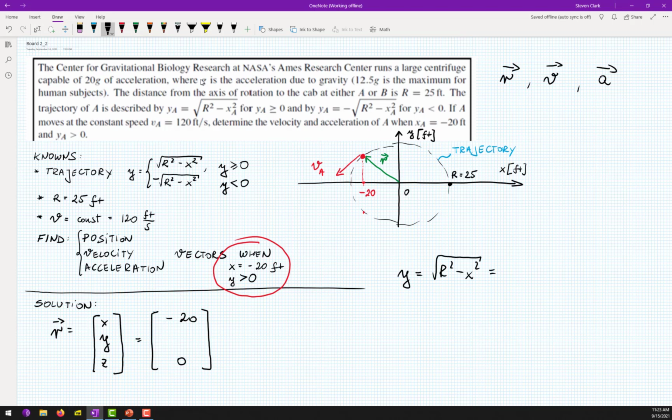Plug in values: the square root of 25 squared minus 20 squared. If I remember correctly from school, this is 15. Okay, 15 feet. So I believe that 33% of the problem is done. We found position.